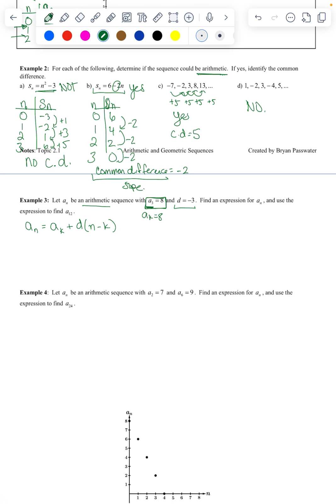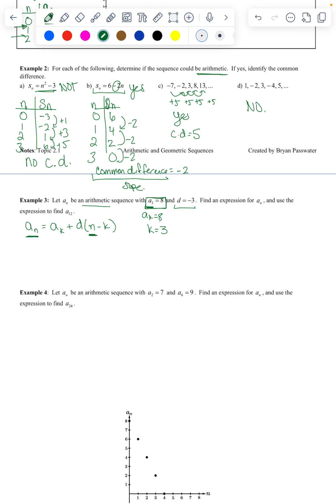The n, just like in point slope form, this n stays n, and this a sub n stays a sub n, and we're going to plug in our values. So if a sub k is 8, what is k?